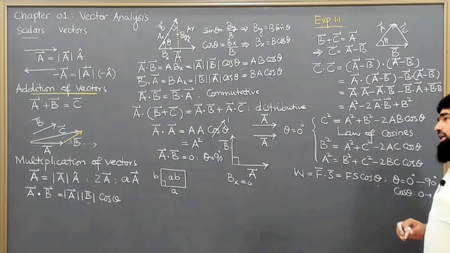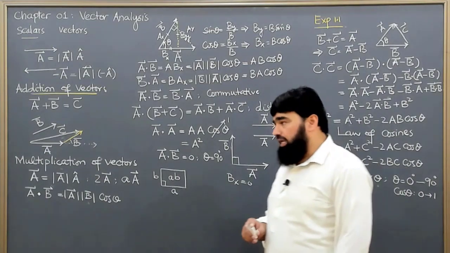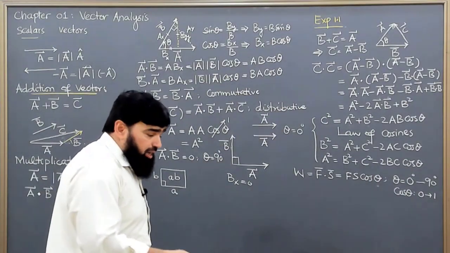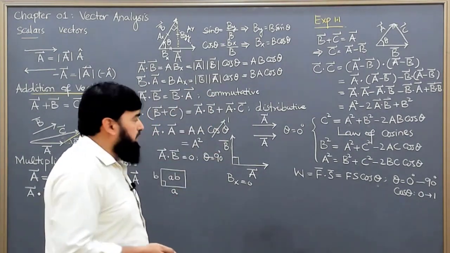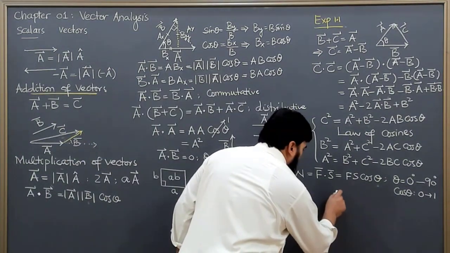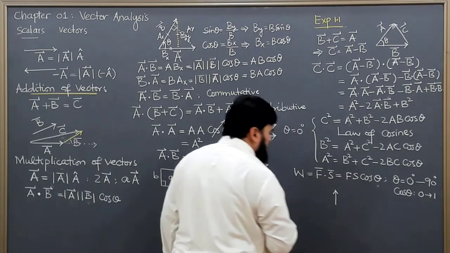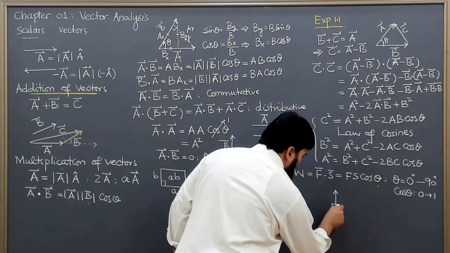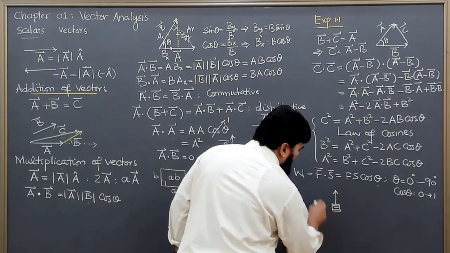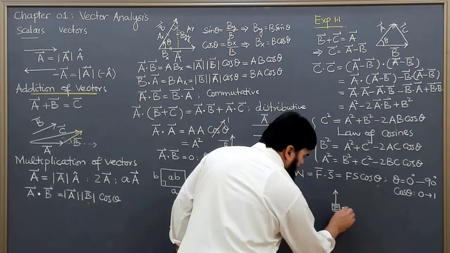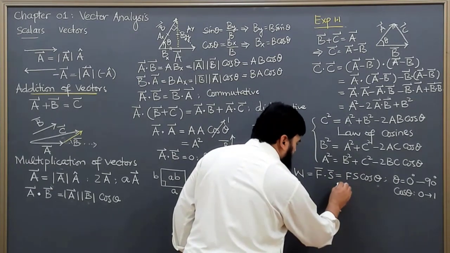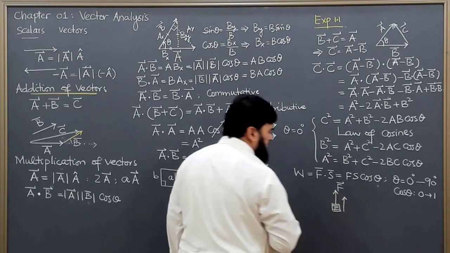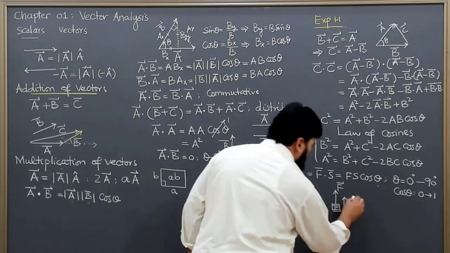Now what if I consider the example of a crane? The crane is lifting something up. So look there, when the crane lifts something up in this direction, for example, and this is a mass which is being lifted up, the force is in this direction, and the displacement is also in this direction.